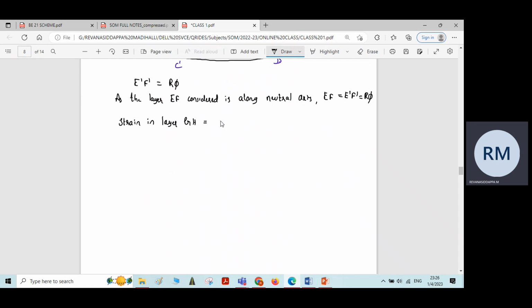Change in length, how we can measure? It is the final length minus original length, divided by original length.